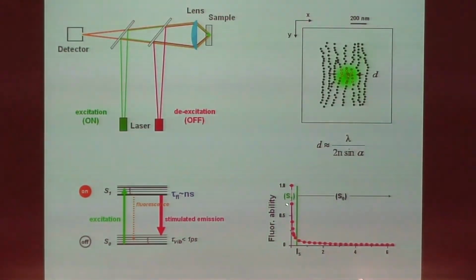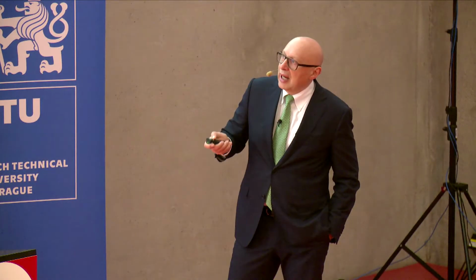So this is the probability of emitting, actually, as you increase the intensity of the red beam. And once the intensity crosses this threshold, you have basically turned the molecule off. So if the intensity of the red beam is at a certain threshold or higher, then you will have turned off the molecule no matter what the excitation light.